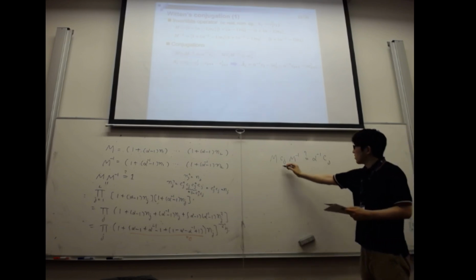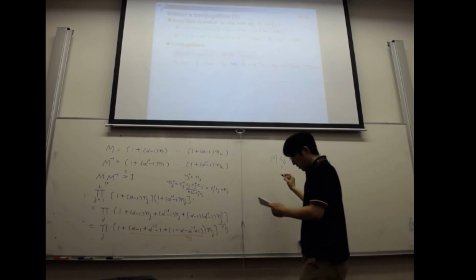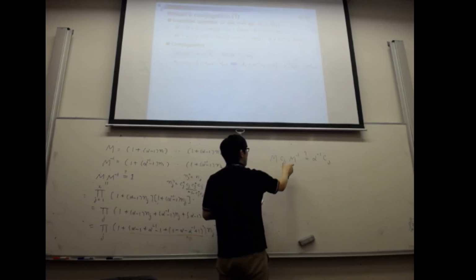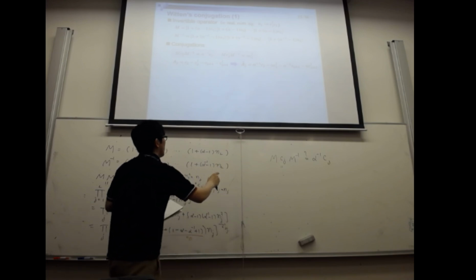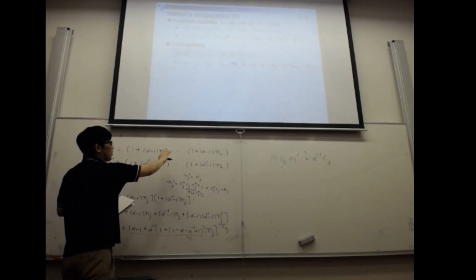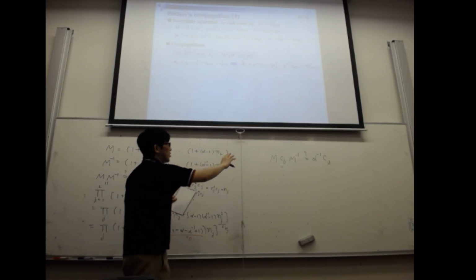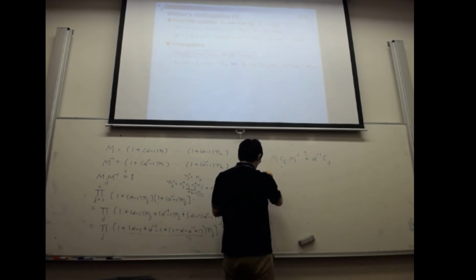Here, on the left hand side, these factors mostly commute with Cj, so you just get 1 plus alpha minus 1 nj.